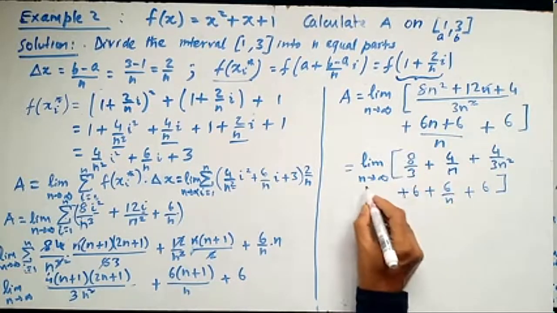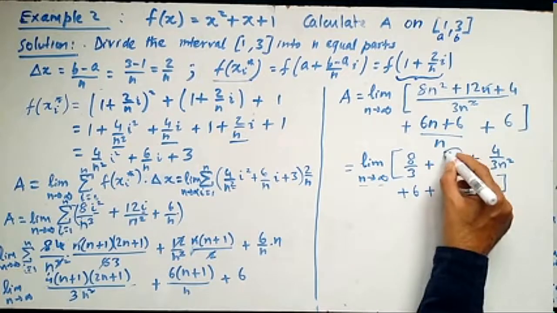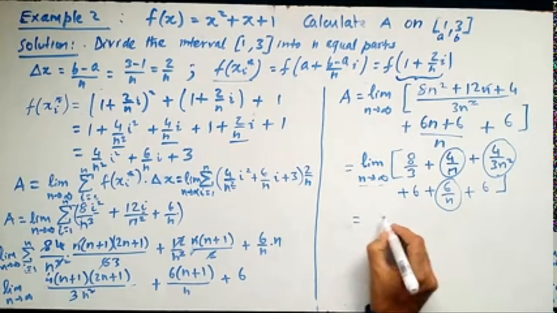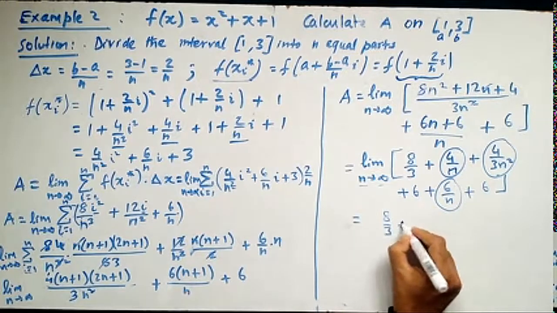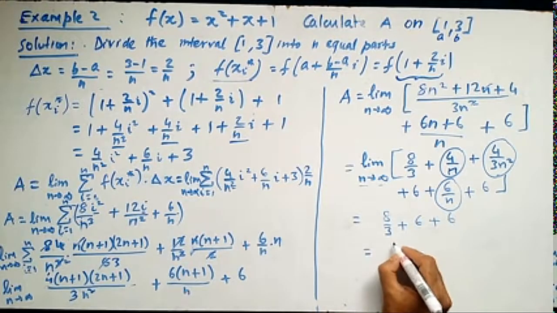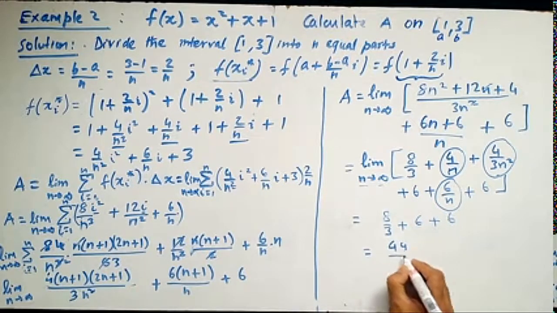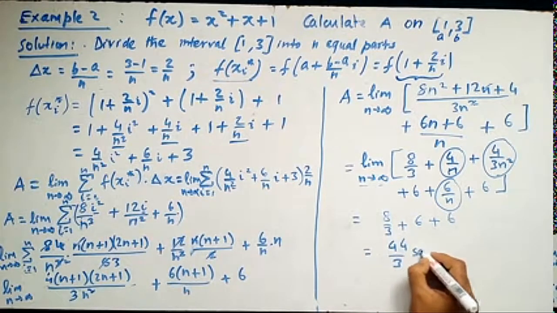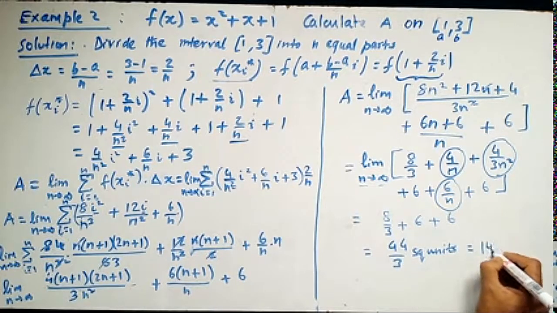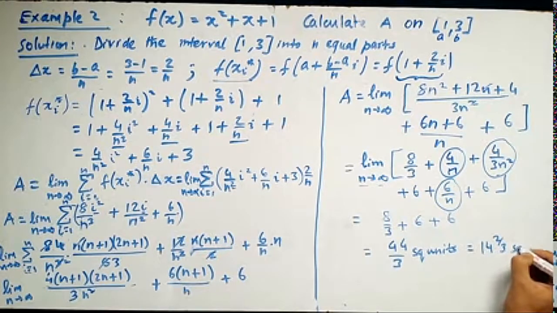Now as n tends to infinity, this will be 0, this will be 0 and this will be 0. So we'll be left with 8 by 3 plus 6, which is equal to 26 by 3... 44 by 3 square units, the same as 14 and 2/3 square units.